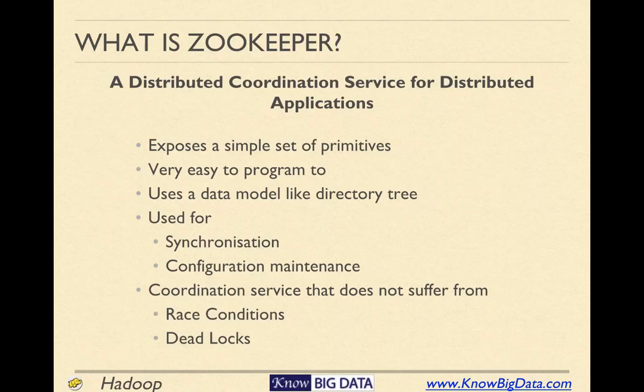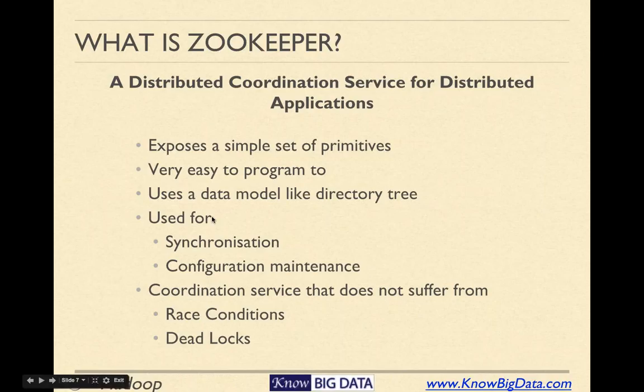Zookeeper itself is distributed, meaning this locking system looks like a robust single machine, but inside it runs on many machines. We will talk about it today because this is a very important idea.